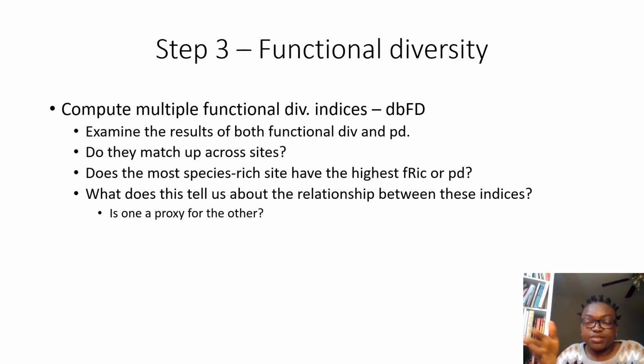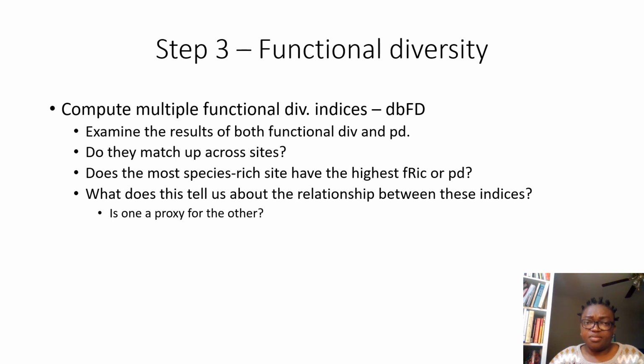So what you want to do, at least as far as just exploring the results of this analysis, is to examine both the functional diversity and the phylogenetic diversity values and see whether they match up with taxonomic diversity. Does taxonomic diversity match up with functional diversity matching up with phylogenetic diversity? In other words, is the site with the highest species richness also the one with the highest functional diversity and highest phylogenetic diversity?